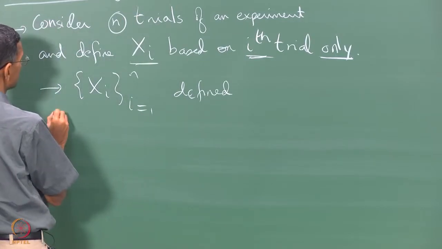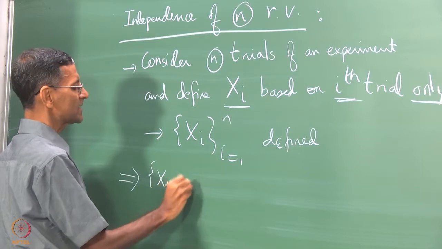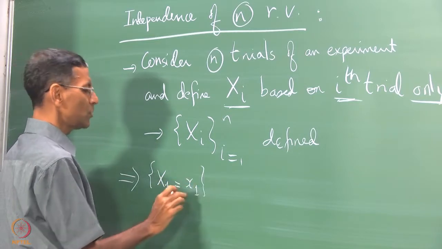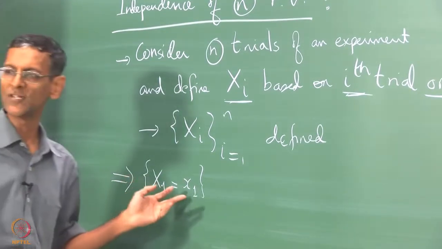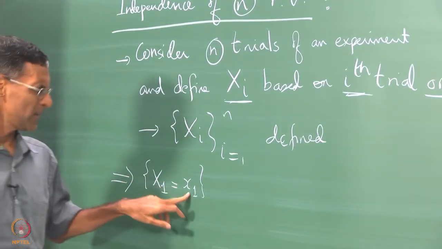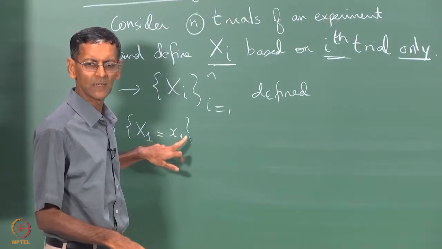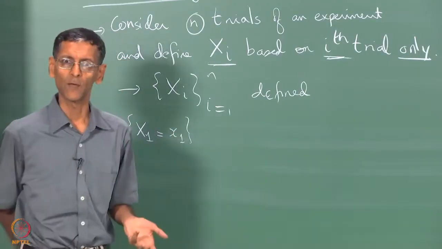So the events X1, if you look at these events, now you might ask the question, why do we repeat the X? This X1 is just for notation. I could have written A, B, C, D up to n if I wanted, right?